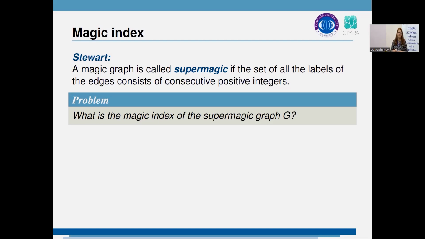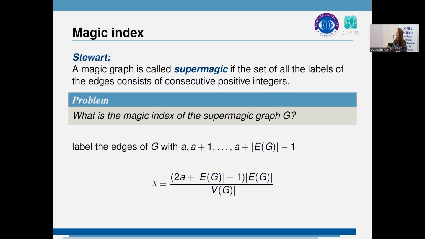This says that we label the edges of a graph with consecutive numbers starting with, say, 8. It's the same. The idea is the same. Every label is counted twice, so the sum of these numbers multiplied by 2 must equal the magic index multiplied by the number of vertices. Okay, so we have this one. Again, it's a very simple calculation. Of course, when the starting number is 1, we obtain the previous formula.